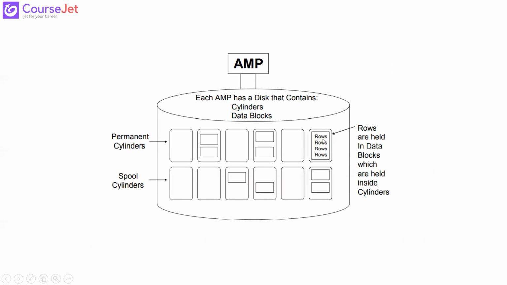These blocks are permanent cylinders, and we have divided the space into permanent and spool. In spool, whatever temporary rows, suppose these rows are selected and joined, will be stored in the spool cylinders. It will be purged and then loaded back, so it's used like paging when we compare.